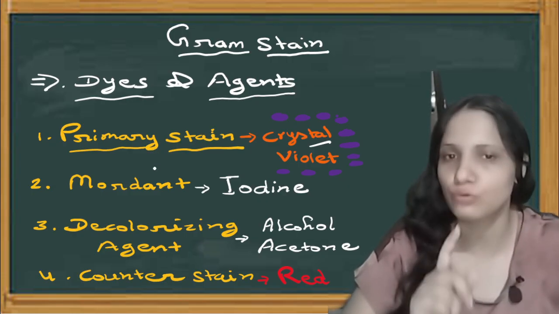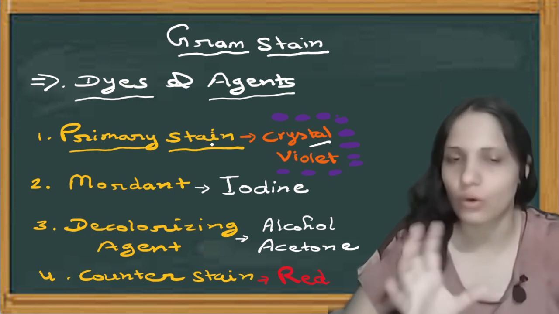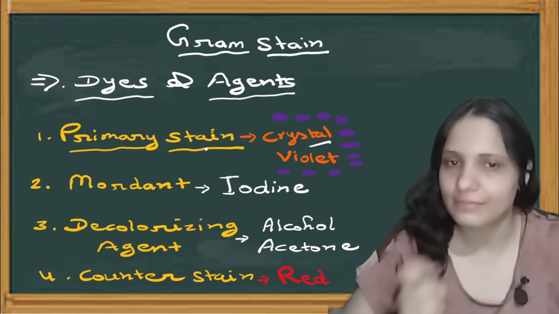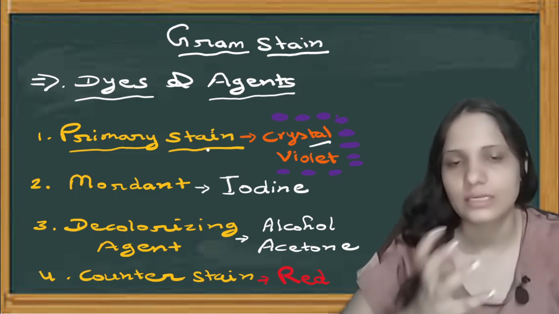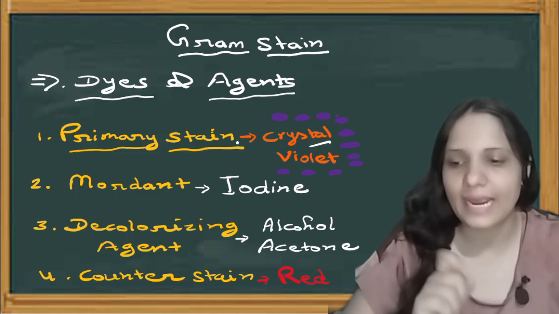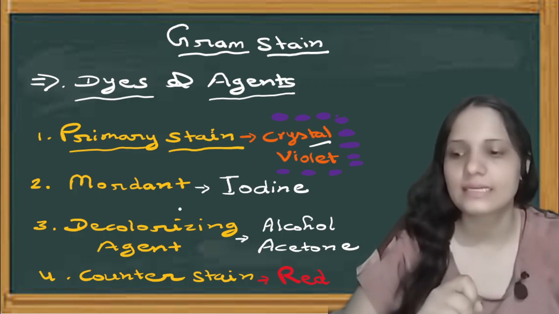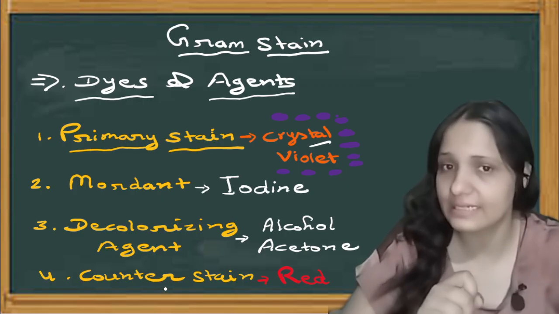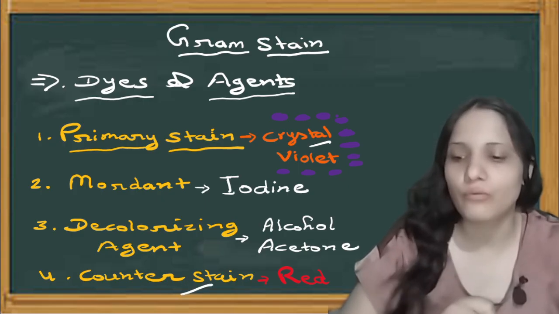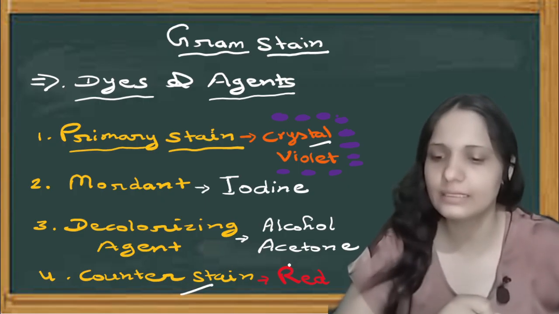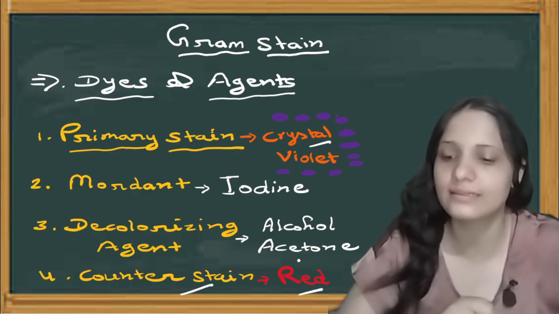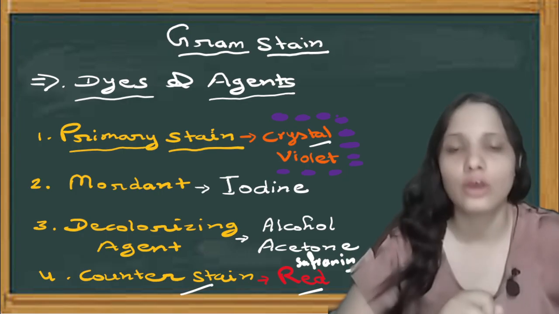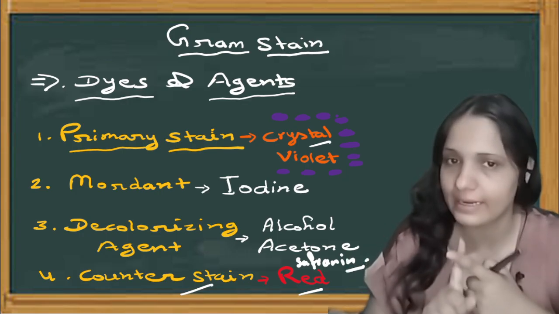Stain and dye both mean the same. So the primary stain is crystal violet in this case, and it gives a violet or purple color. The secondary dye, or counter stain, is red colored, and its name is safranin.